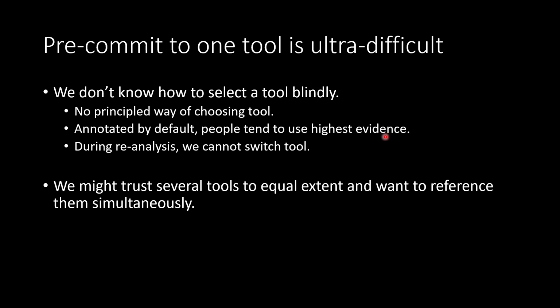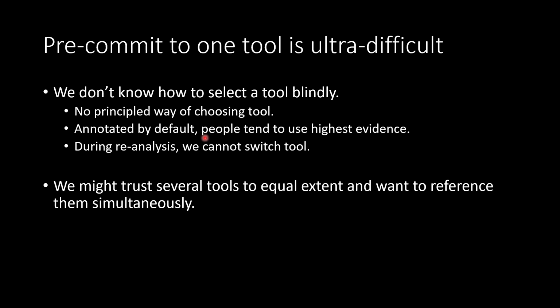It's basically due to two reasons. The first one is we don't know how to select a tool blindly because there is no principled way of choosing a tool. Also, because these scores are annotated by default, we sometimes inevitably see multiple prediction tools' results, and we tend to use the highest evidence.